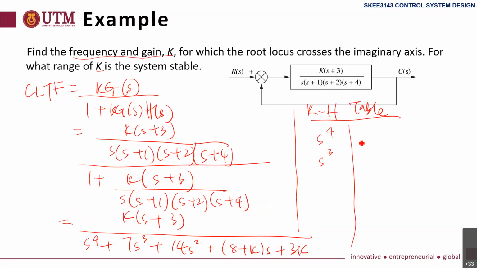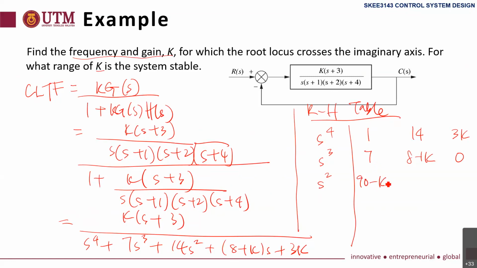We write the coefficients 1, 14, 3K, then 7, 8 plus K, and 0. Please revise Routh-Hurwitz. Here you will get 90 minus K over 7, 21K.